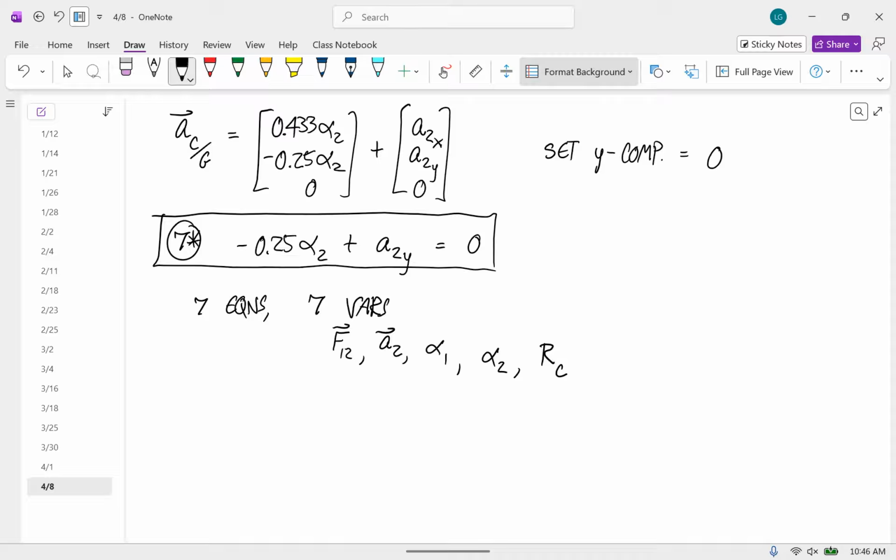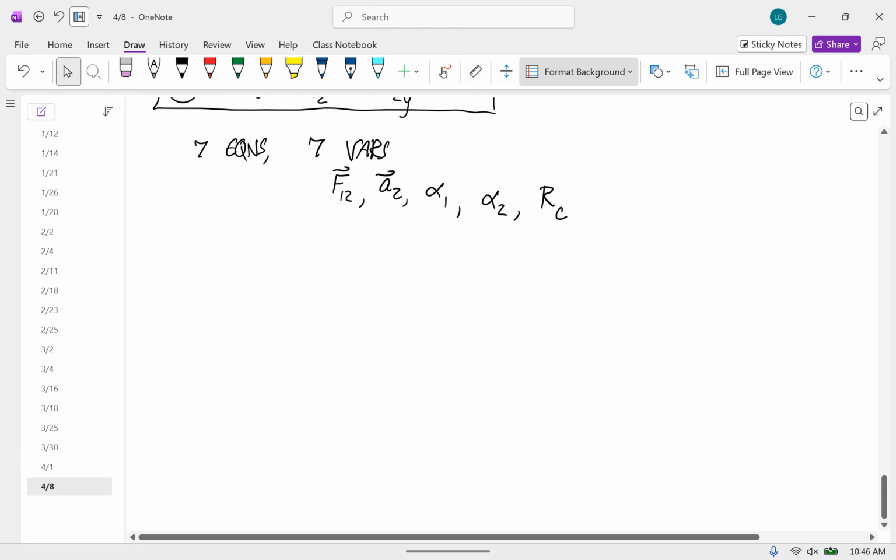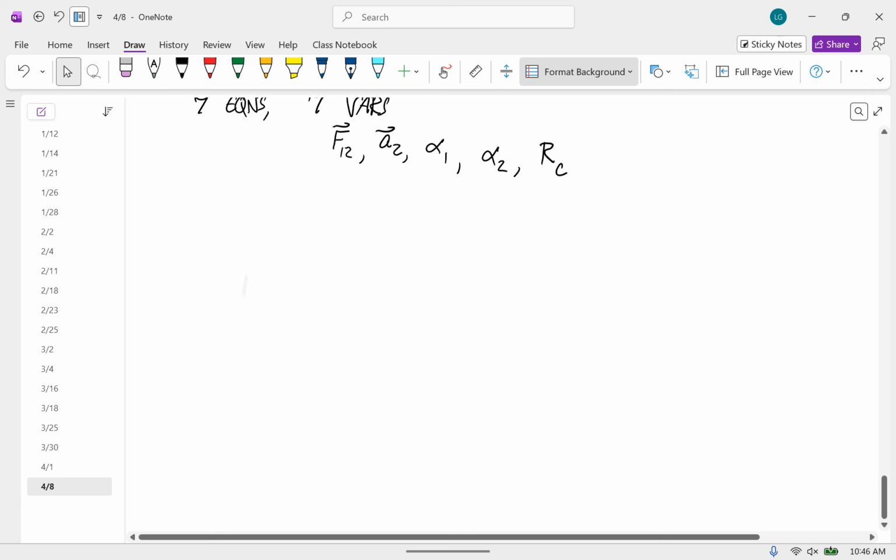I mean, this process was long. It's not too horrible to solve this now. We'll use reduced row echelon form.